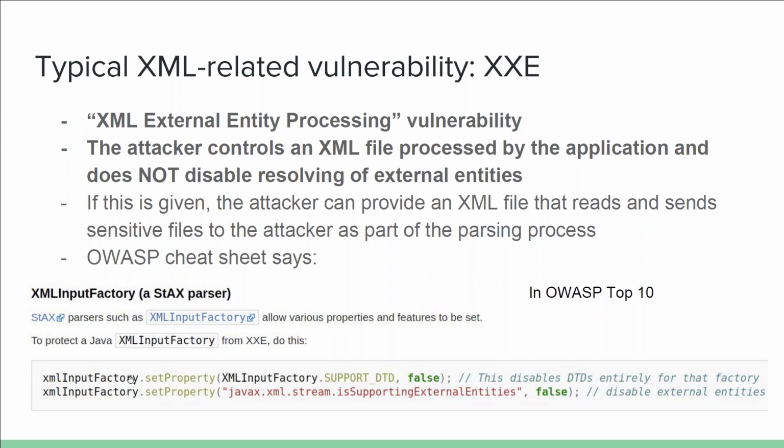And for XML input factory, that's something that's used in OpenRefine, as we'll see in a moment, these two calls need to be present, which is support DTD must be set to false. And then supporting external entities must be set to false. I don't know if both of them or either of them, but you need to configure it in this way, otherwise you'll end up with an XXE vulnerability.